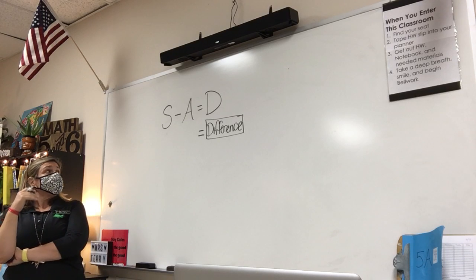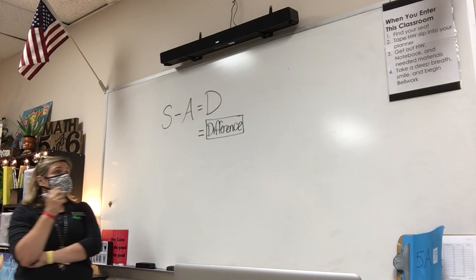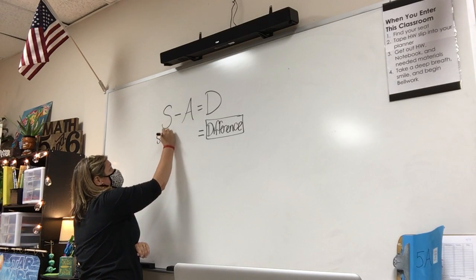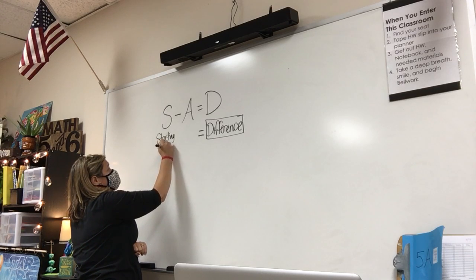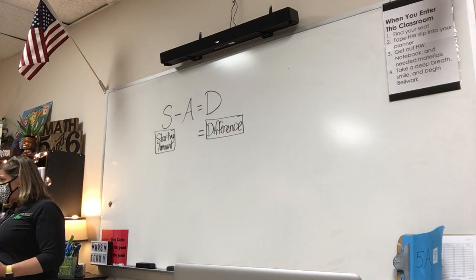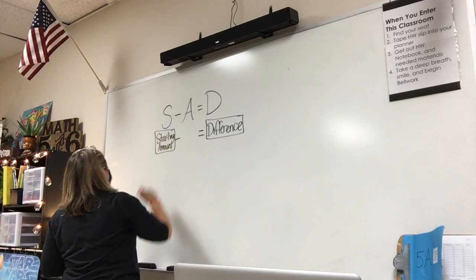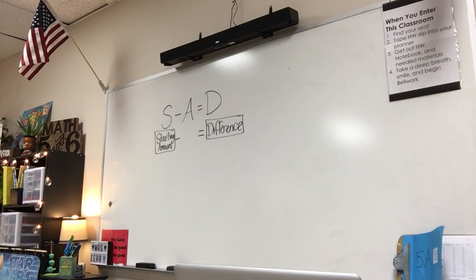Okay, so the first one is going to be the starting amount. Okay, starting, that's what the S stands for, starting amount. Sometimes we call it sum. You have sum, okay, but we're going to say starting amount minus, what do you think the A stands for? This is separating. What do you think the A in this word plot for separating is?